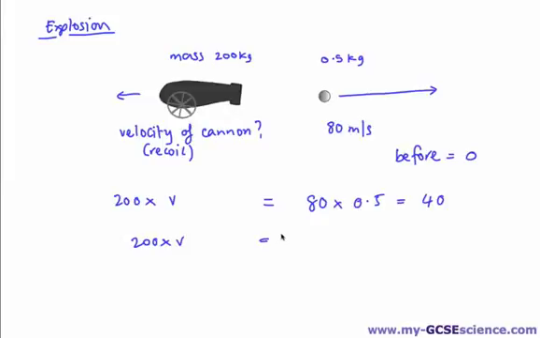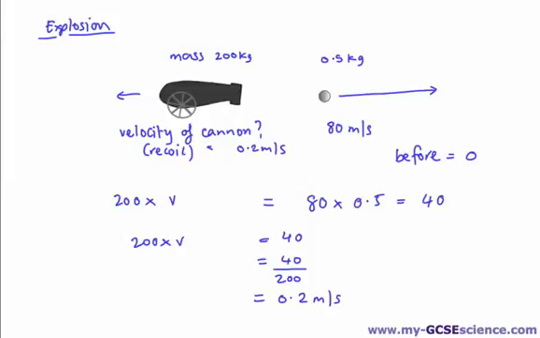If you do the calculation, it's a simple case of 40 over 200, which is 0.2 meters per second. Okay, so the velocity of the cannon is going to be 0.2 meters per second. But then how does that relate to the momentum before and after being 0?